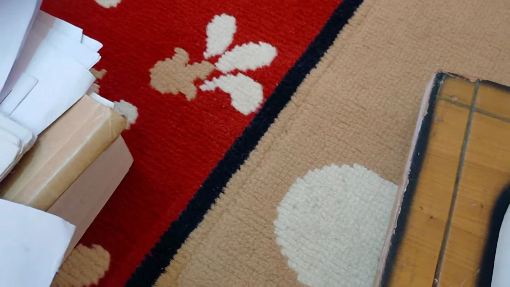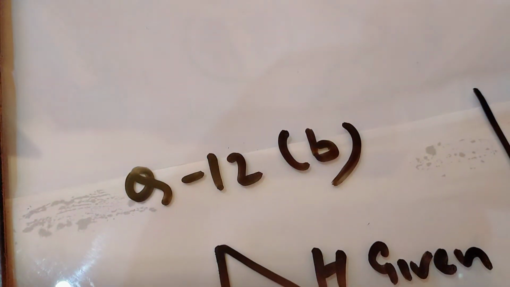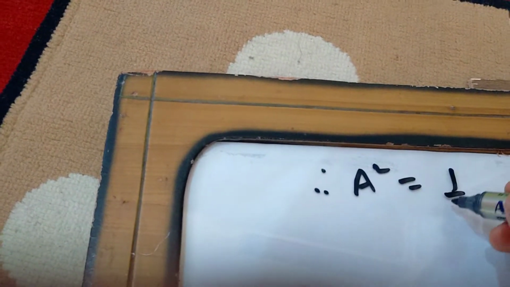So therefore a square is equal to 1 by 4 into x square h square minus x raised to the power 4.